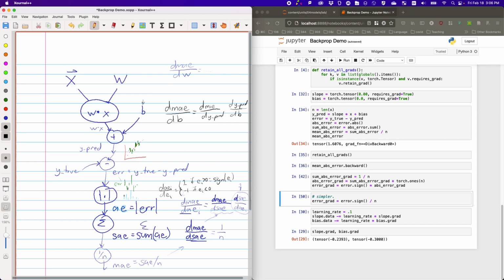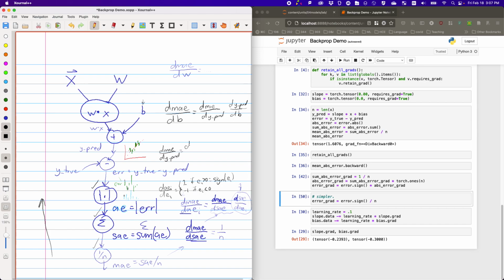So you can keep going backwards up here. We're just working our way from the bottom all the way up. We've gotten here, the one over n, we got our sum, we got our absolute value. Now we just need our minus. So we're going to get how does the mean absolute error change as we change any one of the predictions?